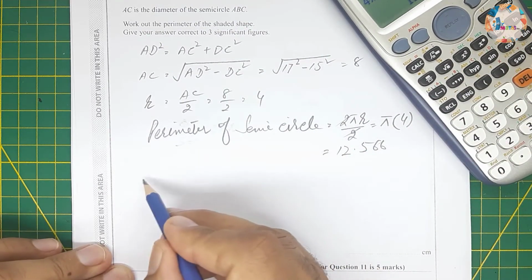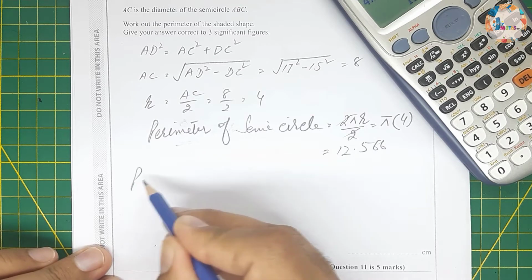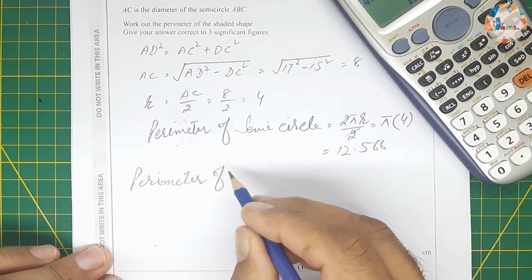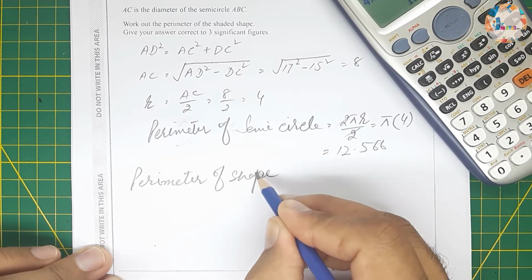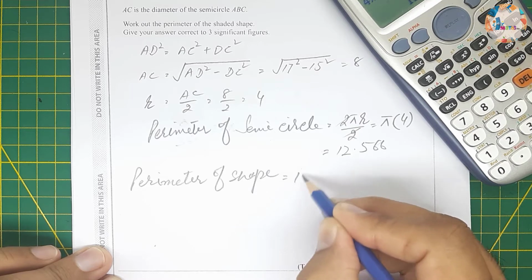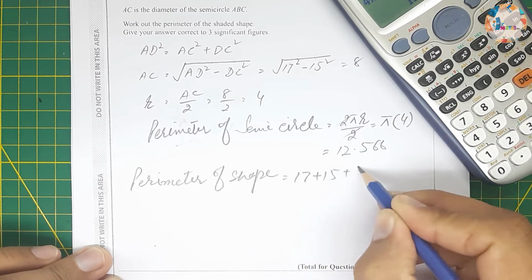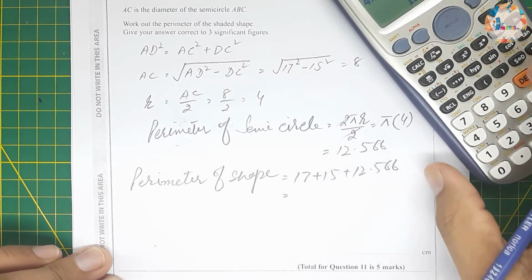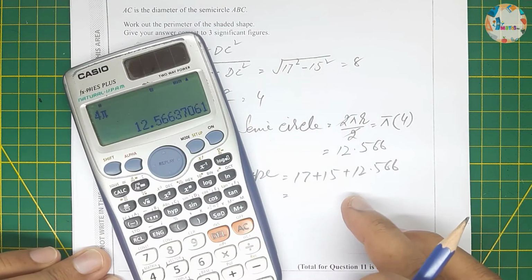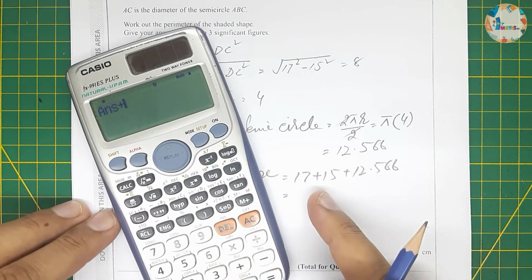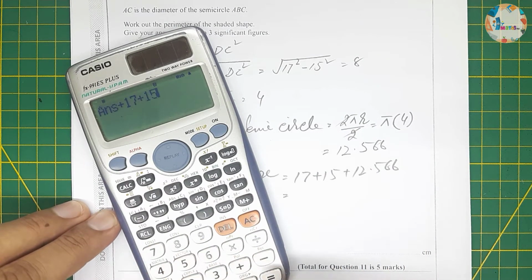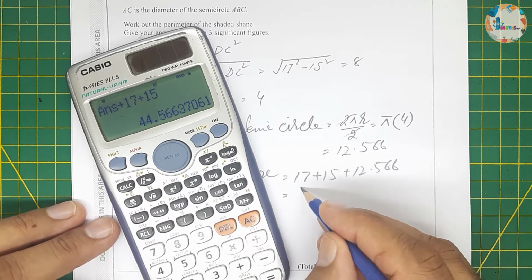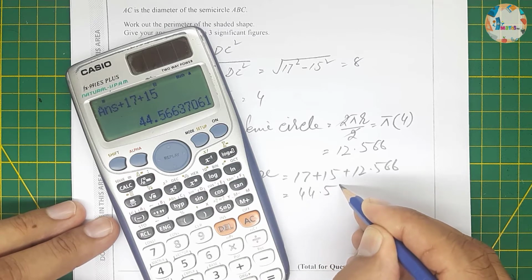So the perimeter of the shape will be equal to 17 plus 15 plus 12.566, adding these numbers, plus 17 plus 15, and this will be equal to 44.566.